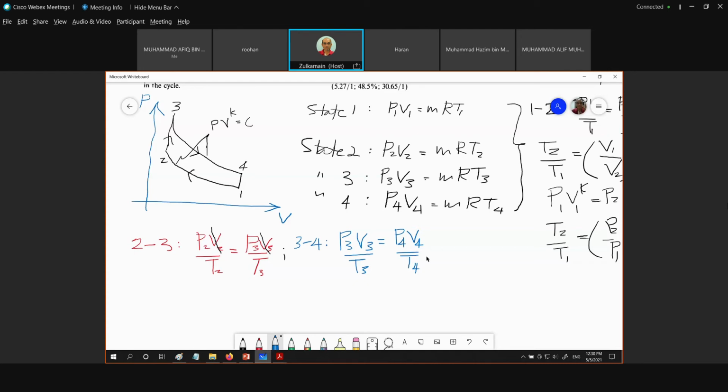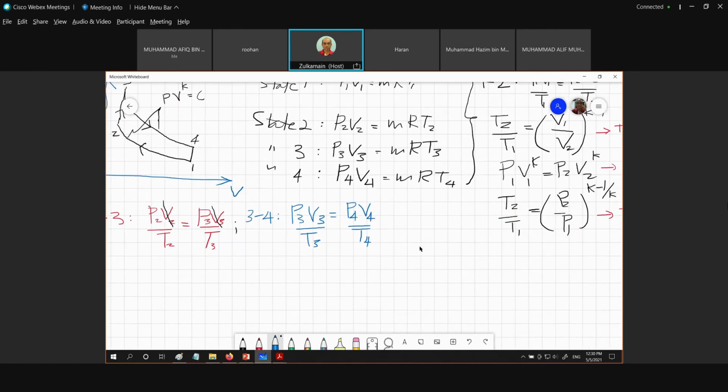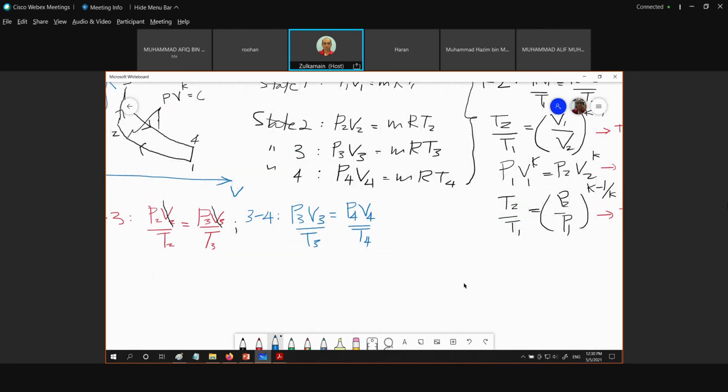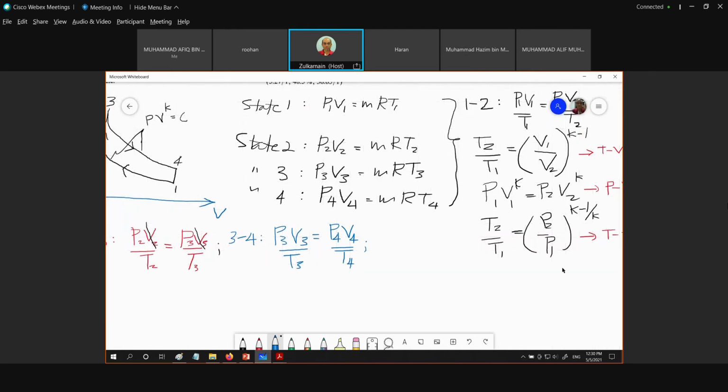But we could write extra equations for this 3 to 4 process, same as what we have from 1 to 2. The extra equation that we could write here is T4 over T3 equal to V3 over V4 to the power of K minus 1.